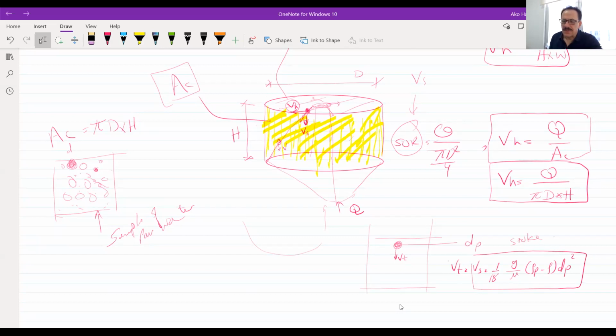Now, what we have in Stokes' law: if you have any particle diameter, you can have a settling velocity like this.